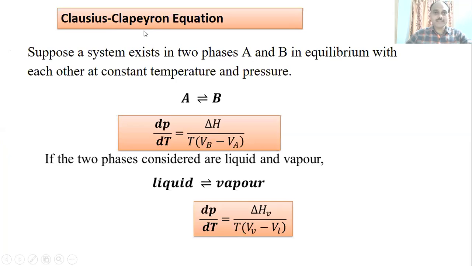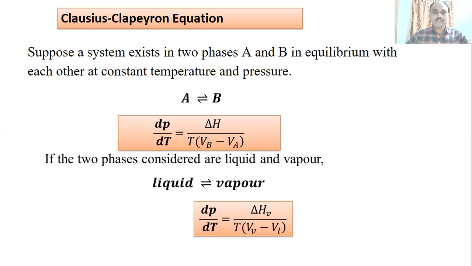The next concept is the Clausius-Clapeyron equation. This equation is very, very important and it is applicable for a system which exists in equilibrium with two different phases at constant temperature and pressure.